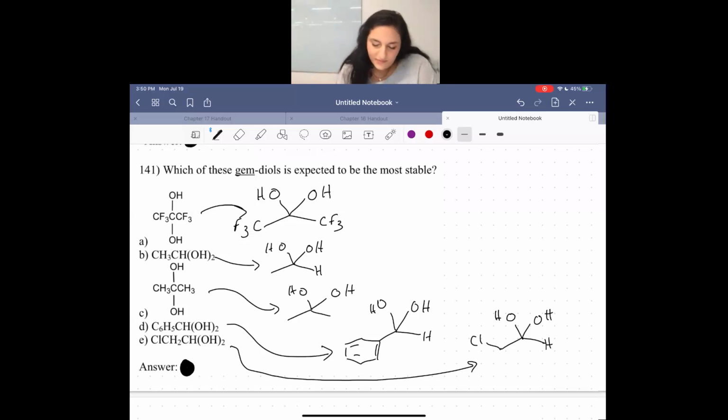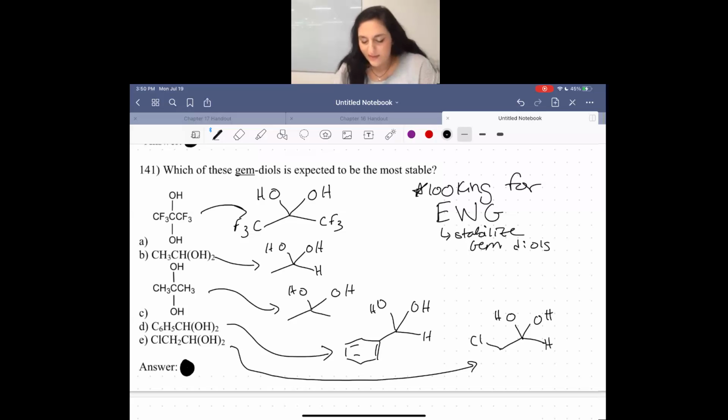So for this one, we are looking for electron withdrawing groups because they stabilize gem diols. So now that I told you that, which one of these has an electron withdrawing group?